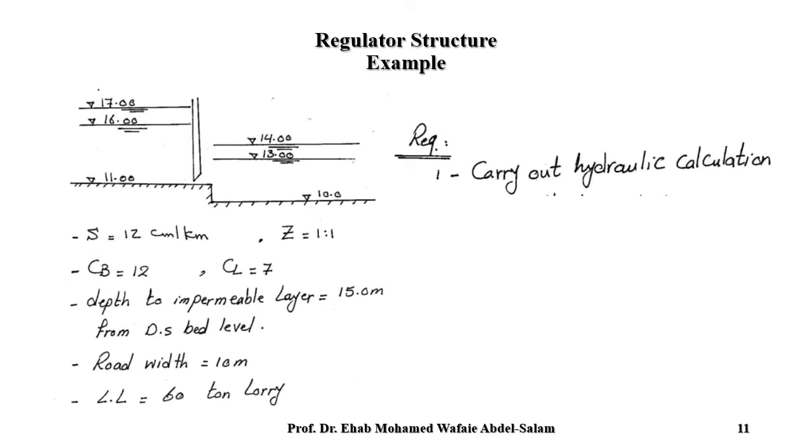For hydraulic calculations, we know that slope is 12 centimeter per kilometer, side slope 1 to 1, C ply 12, C lane 7, but C ply and C lane we will not use in this hydraulic calculation, of course.